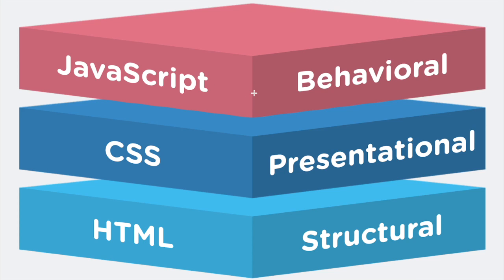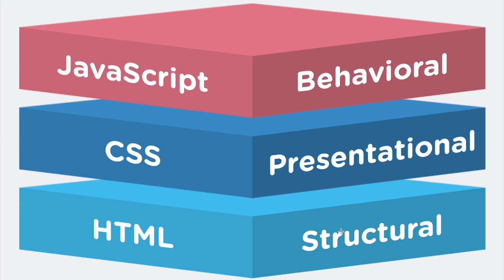So, we should start with HTML. Like it is described here in one word, this language is a structural language, and what that means is HTML organizes everything. It's not functional and it doesn't look pretty, but it organizes all of the code and structures it properly.